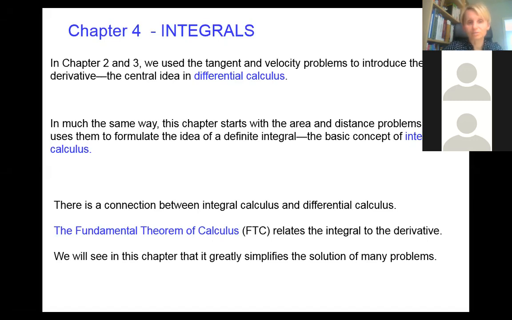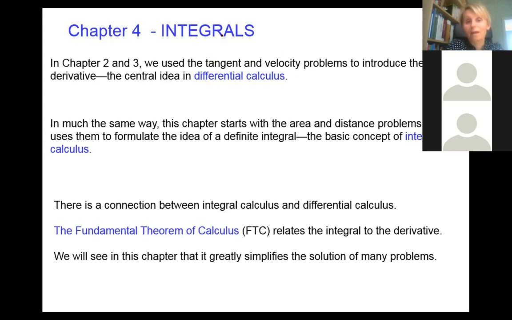So far, we talked about the tangent line problem and the velocity problem, and everything was introduced through the derivative. We know what a derivative is, the central idea of differential calculus.